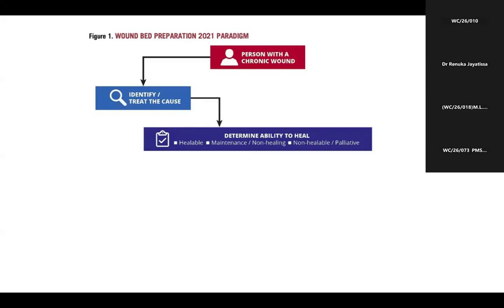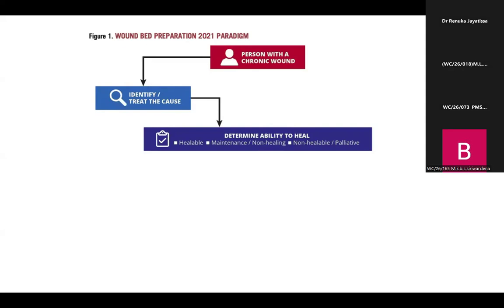I'm just trying to set the stage. I thought I'd go through this fast, but I'll take it slow. We are not at wound bed preparation yet. Before we even think of preparing the wound, what we should be doing is making sure that we solve the primary things: at least the vascular, infection, and the pressure.